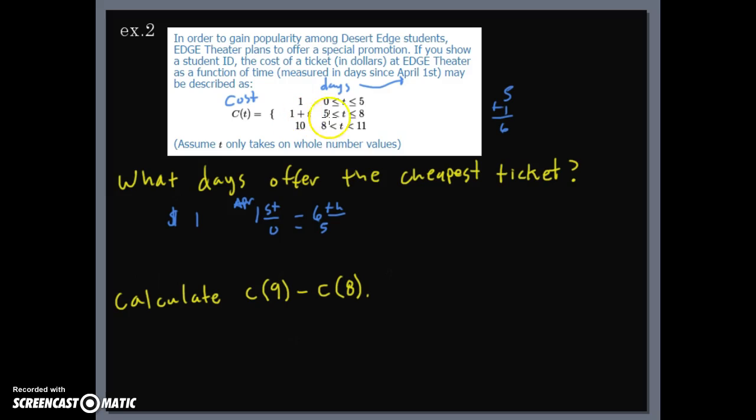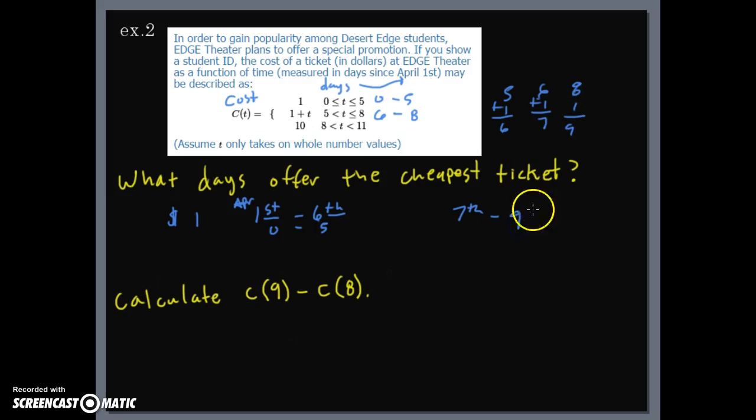And then the smallest number we can put in here is 6, right? So we've got the 0 to the 5th, and from the 6th to the 8 is included. So 6 days from the 1st would be the 7th. So from the 7th, to 8 days from the 1st would be the 9th.